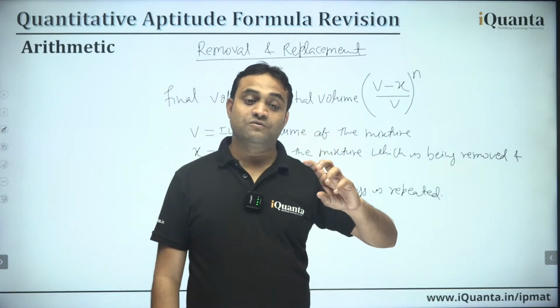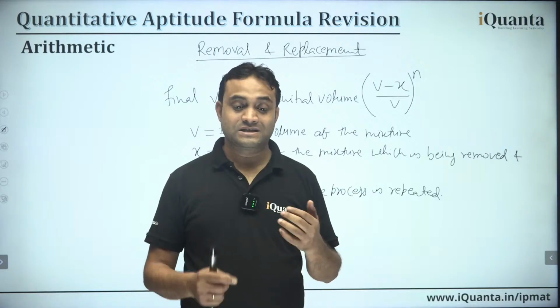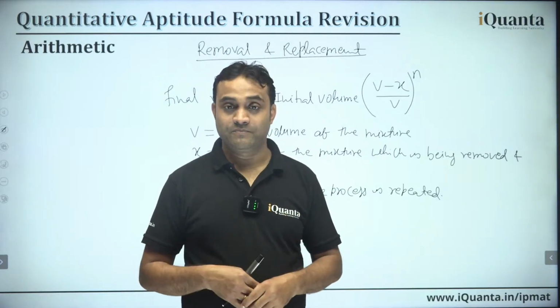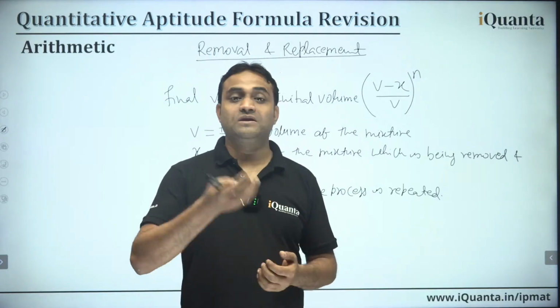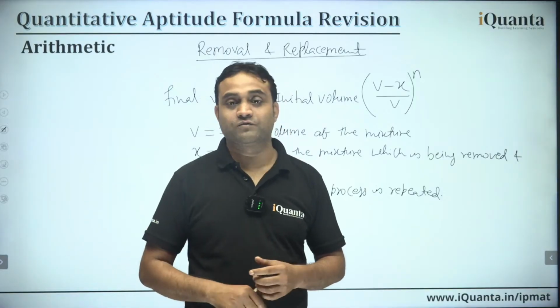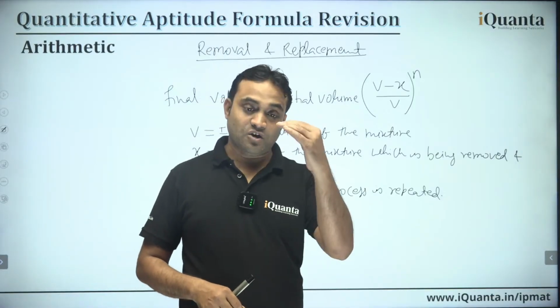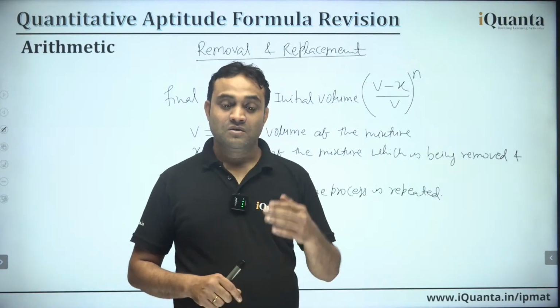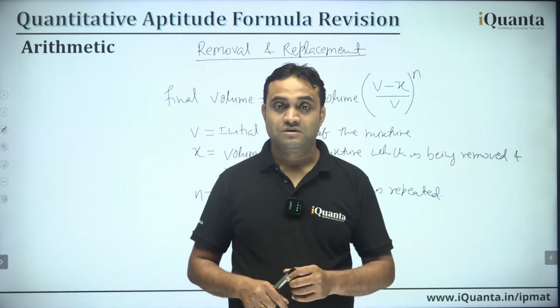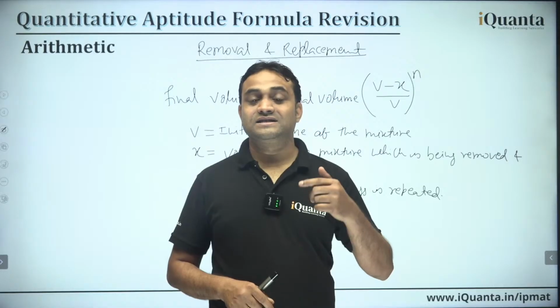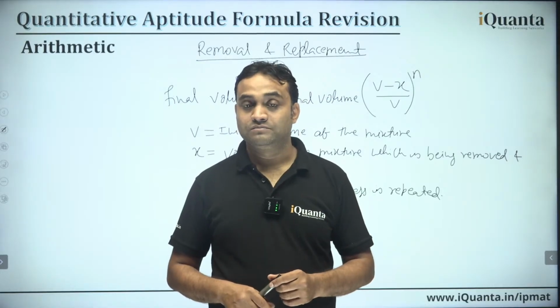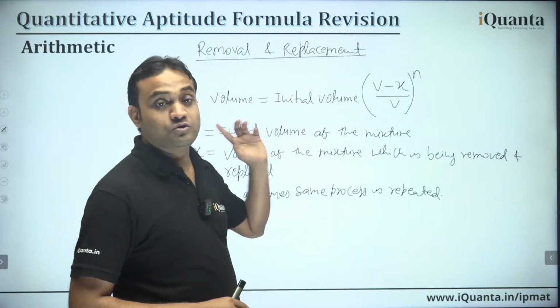We will use the volume of the element which is being reduced every time. If you are removing the mixture and adding water of the same volume, the quantity of milk is getting reduced, right? Milk की quantity कम हो रही है. So जिस content का, जिस element का quantity कम होगा, उसी का यहाँ पे volume use करेंगे.